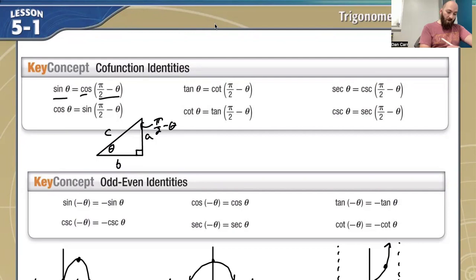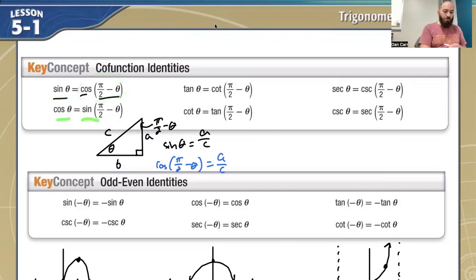The sine of theta is A over C. When I take the cosine of pi over 2 minus theta, I'm taking the cosine of this angle. Cosine is adjacent over hypotenuse, so it's still A over C. That's where these cofunction identities come from. The sine is the same as the cosine of its complementary angle.